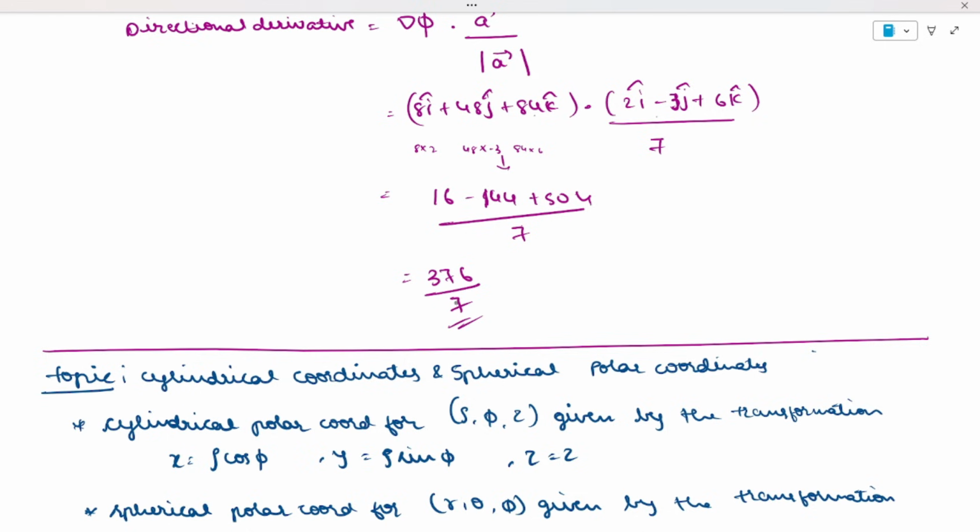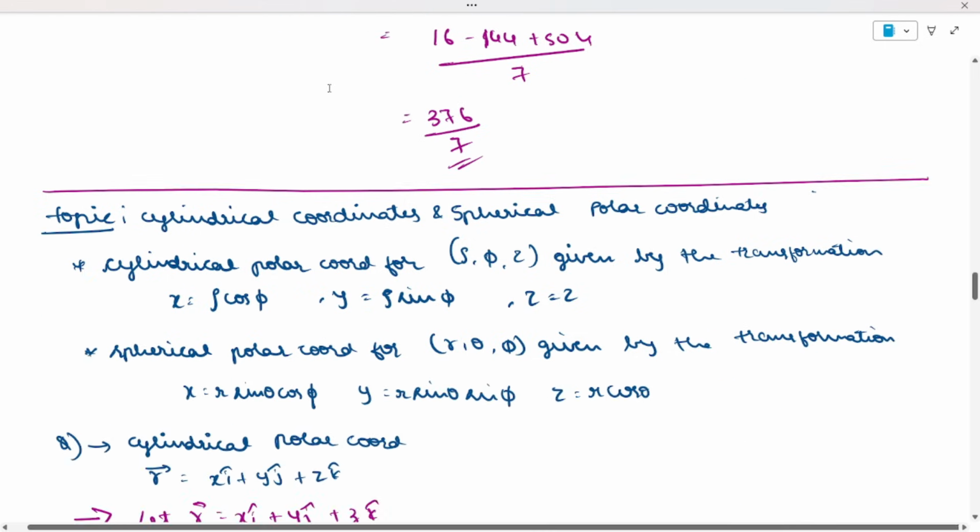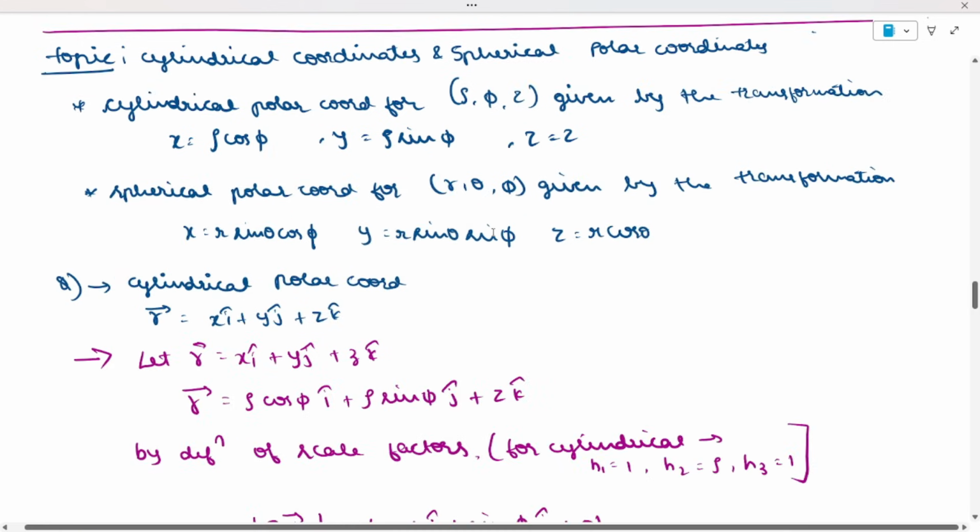Next divided by 7, you will get it as 376 divided by 7. This is how we do the directional derivative problems. If you understand these two types of problems that come under directional derivative, it's more than sufficient to score maximum marks along this.